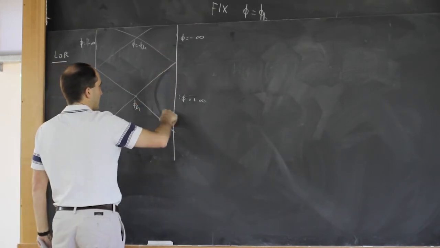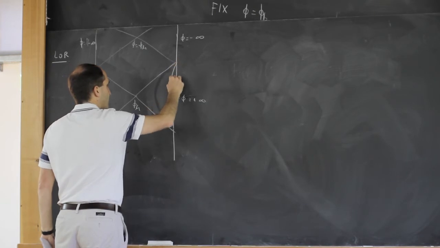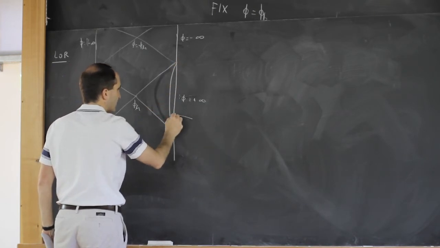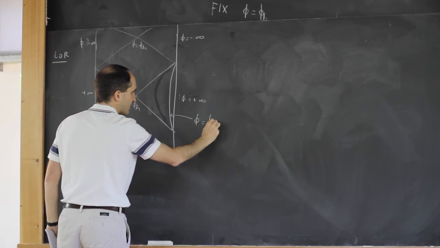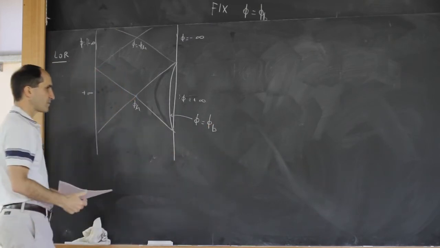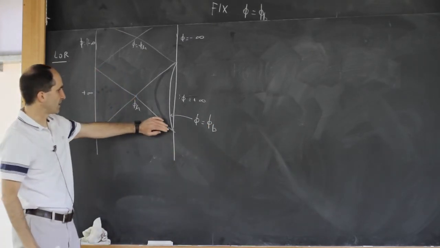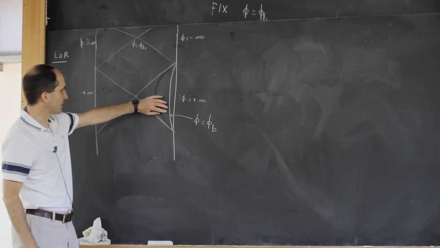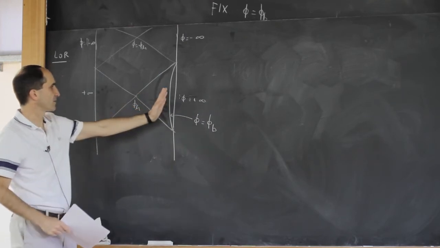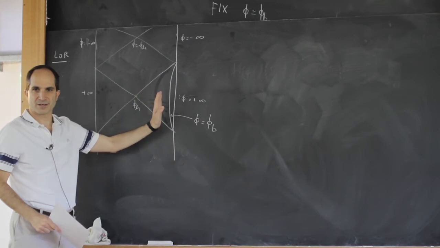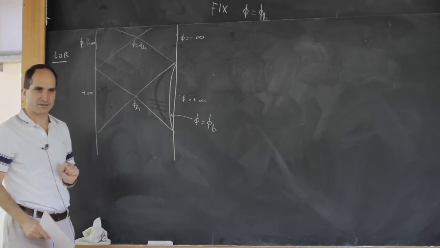Okay, and within this region, there is a place where phi is equal to phi b. Here, phi is equal to phi b. We should think of the real space-time as whatever is within the region where phi is less than phi b. So phi b, we're going to take a large value.